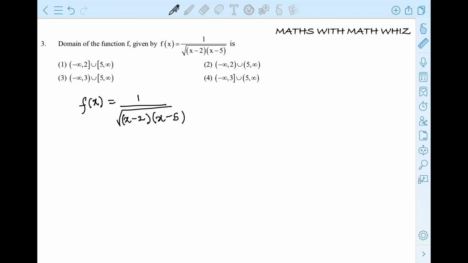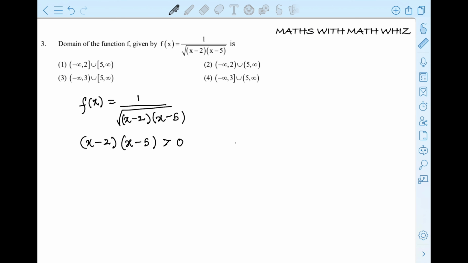First of all, since the function is in the denominator, it should not go to 0. Along with that, this function is lying inside the root. So (x minus 2)(x minus 5) should always be greater than 0.